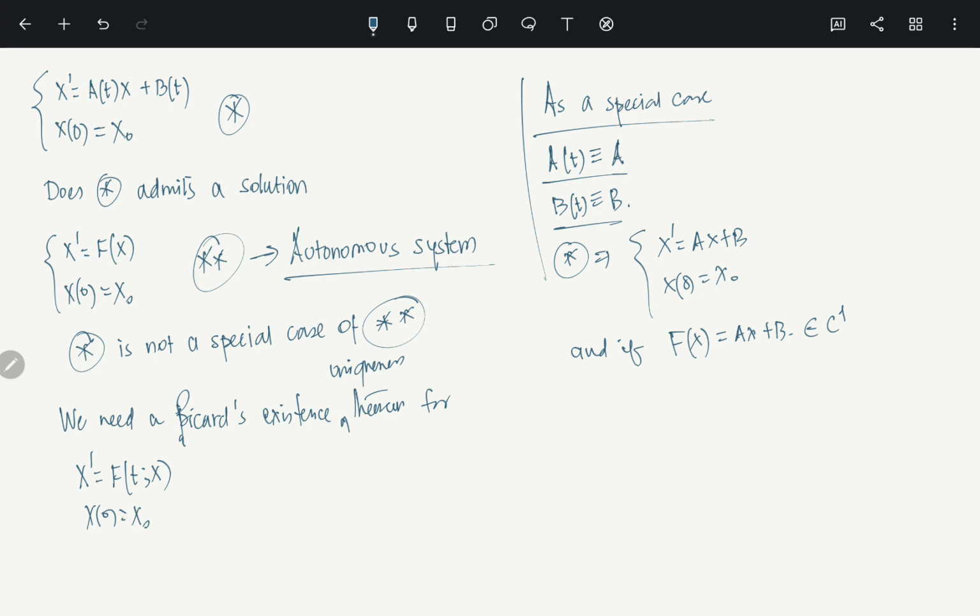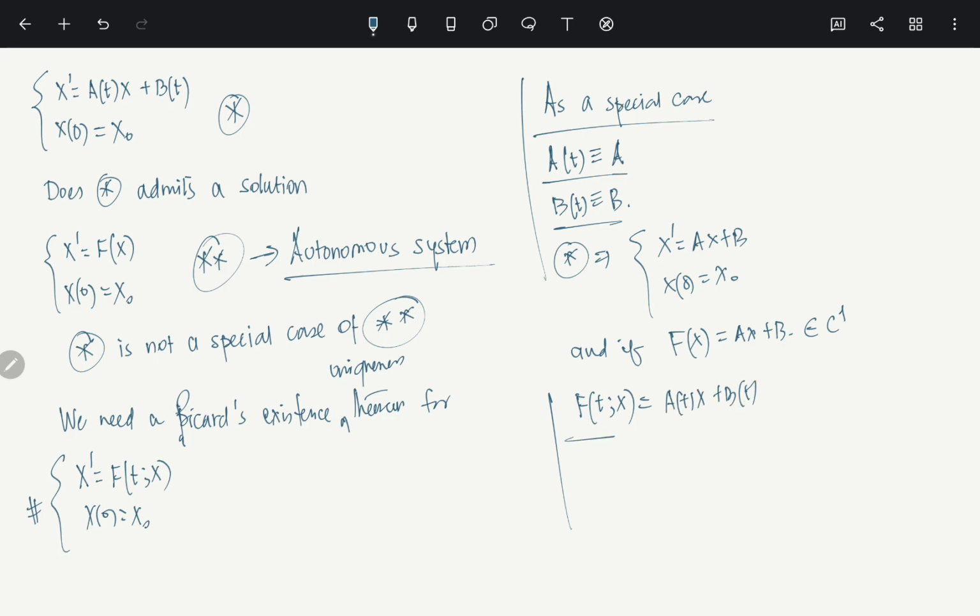If we know that there is a Picard existence uniqueness theorem for this sort of system, let's call this system hash, that is, existence of solution and the solution is unique for the system hash, then you can define f of t, x to be at times x plus bt.